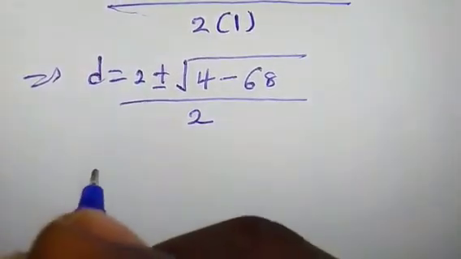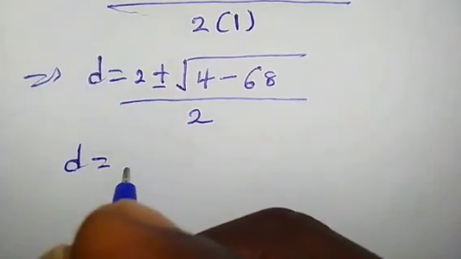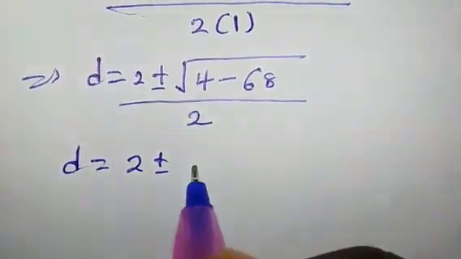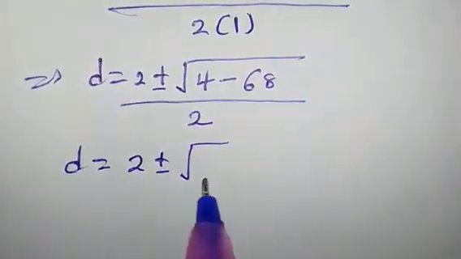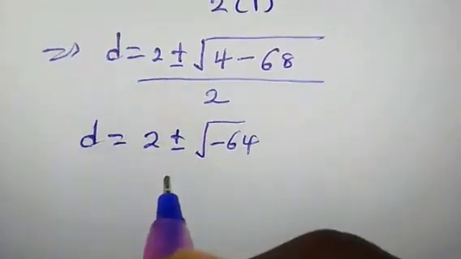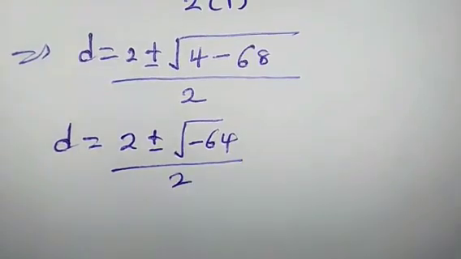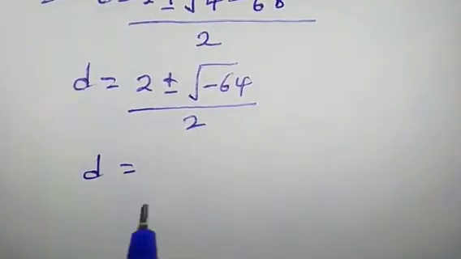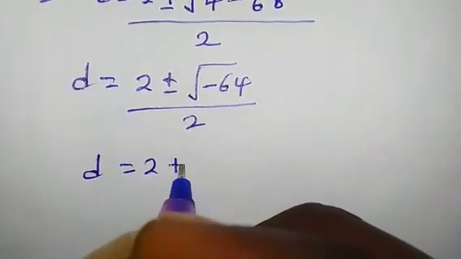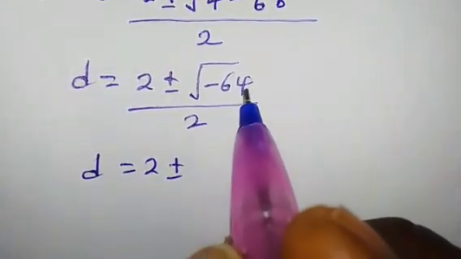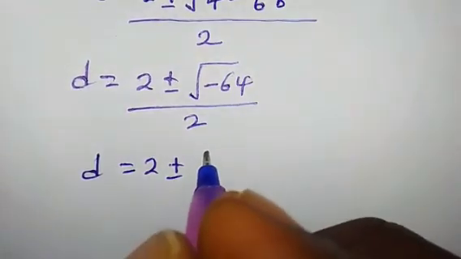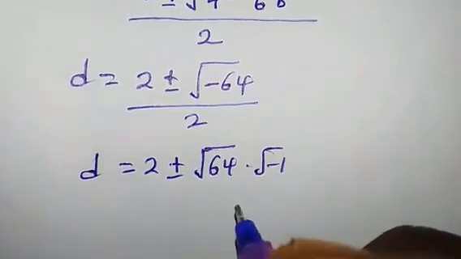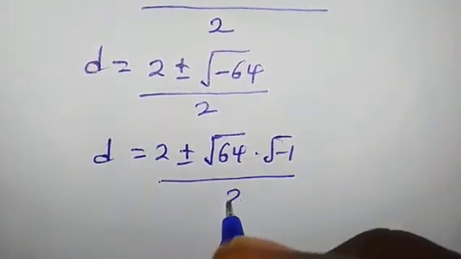Let's proceed further. So we have d equal to 2 plus or minus the square root of 4 − 68, that is negative 64, divided by 2. So we have d equal to 2 plus or minus, I can write the square root of −64 as the square root of 64 times the square root of negative 1, divided by 2.